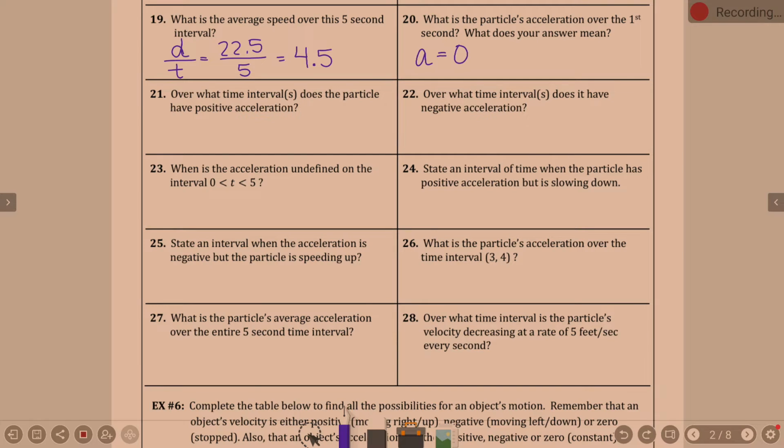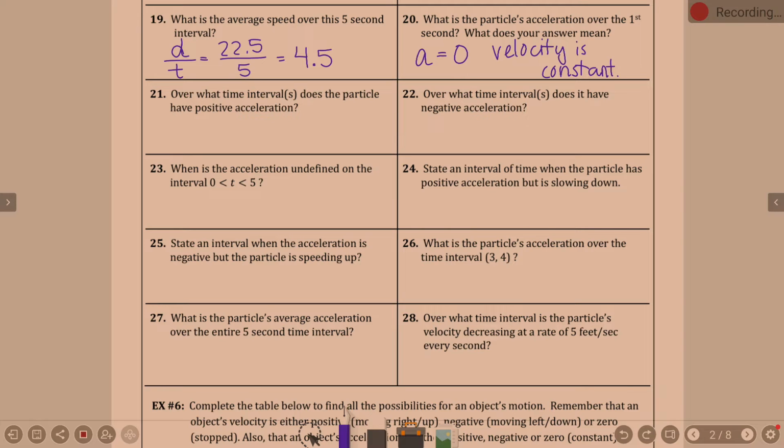What does this mean? If our acceleration is 0, what do we know about our velocity? It's constant, right?